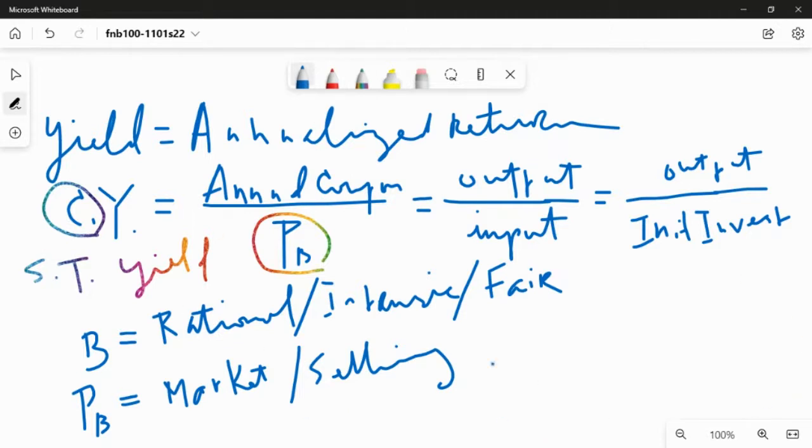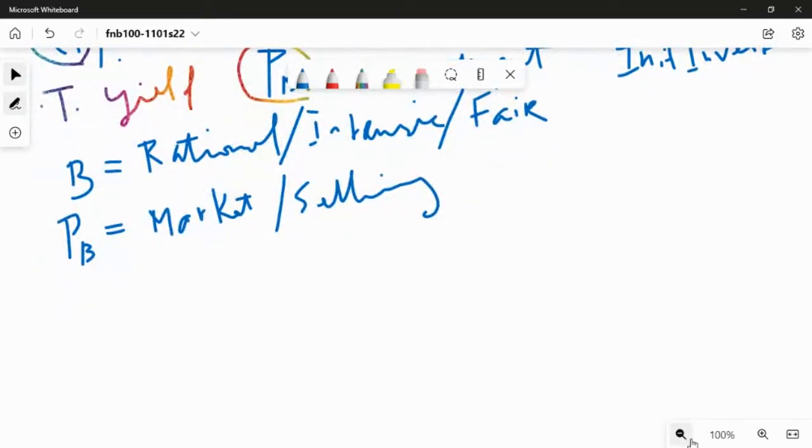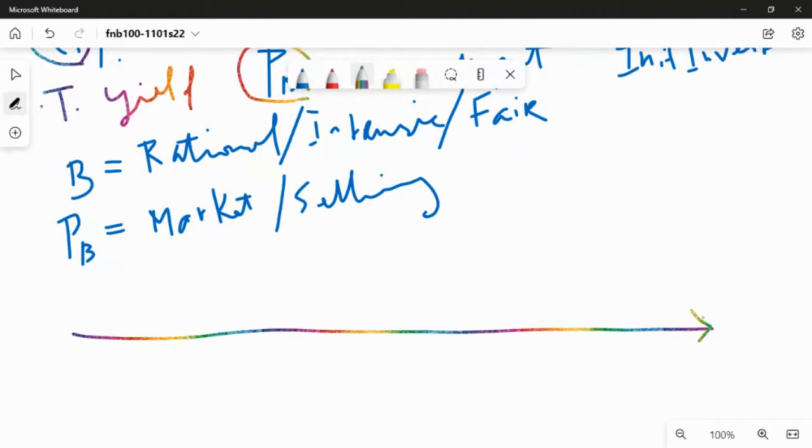Think about it. Over the life of the bond, so this is the timeline, okay? This is the maturity here, time zero. There are only two types of bonds.